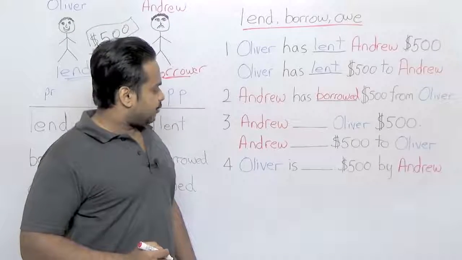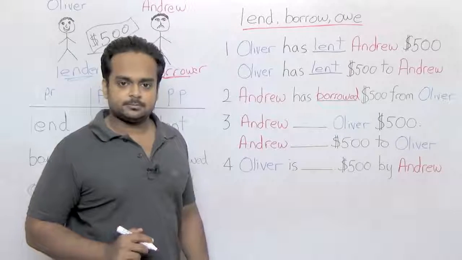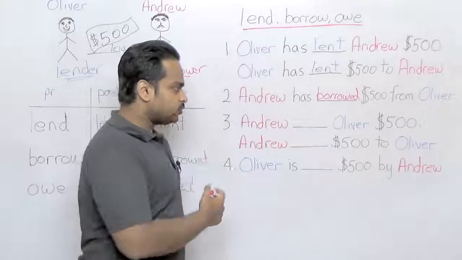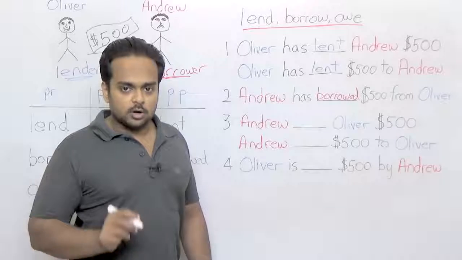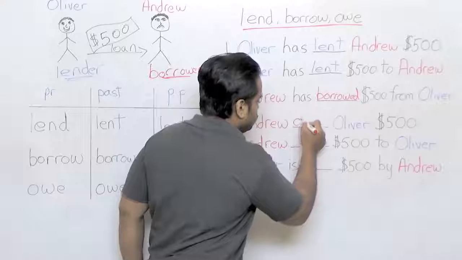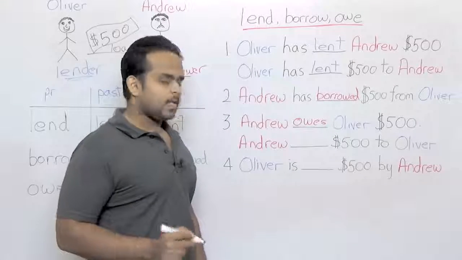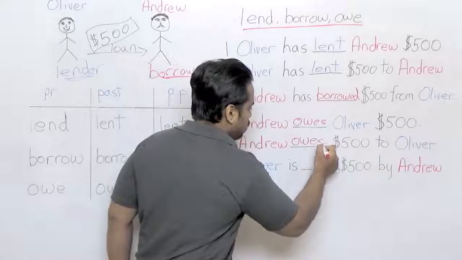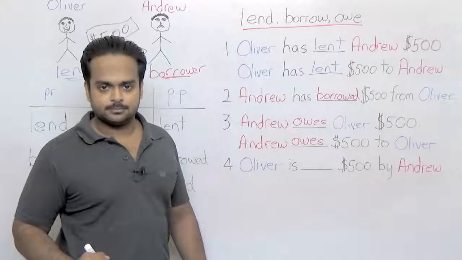In the next example, Andrew Oliver $500. If you think about it, we're trying to say Andrew has to pay Oliver $500. The word for that is owe. So Andrew owes Oliver $500. We can also write it as Andrew owes $500 to Oliver. Both of those are correct.